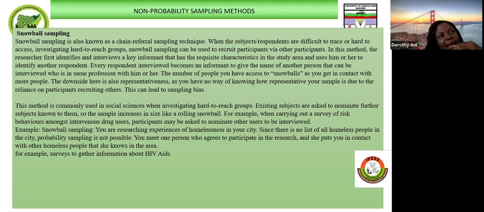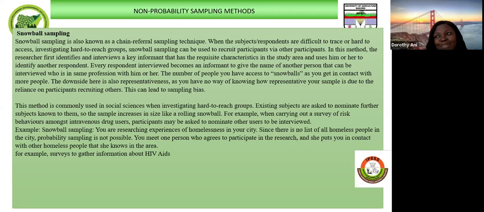So I can equally approach the bank and say, please help me with the list of the people you have given loans. That one may not be under snowball. But the one I'm talking about that may be under snowball, where you may have their sampling frame, although I don't know how possible that is.